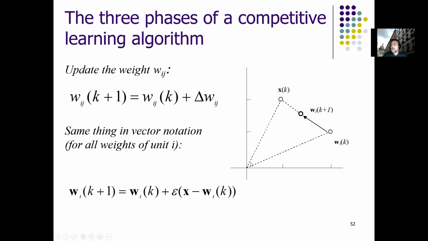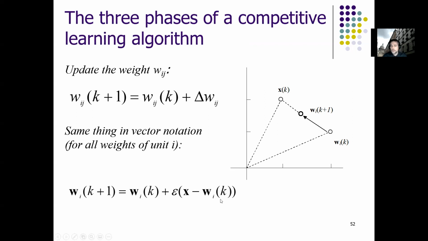I'm using a simple example with 2 dimensions. So x, which is a data point presented at the input of the network, is just one point in this two-dimensional space. And w is again two weights, which are also represented by a point in this space. So basically we have these two vectors. That's the w vector, and this is the x vector, the vector of the inputs.